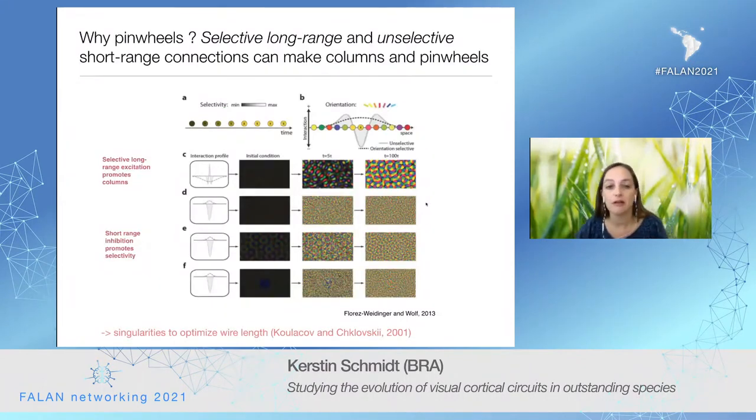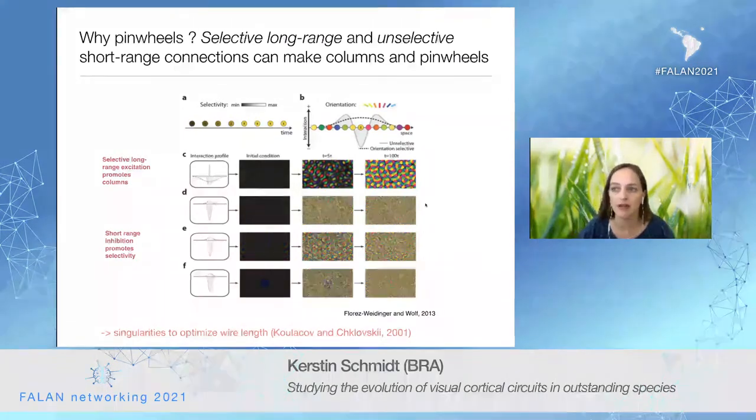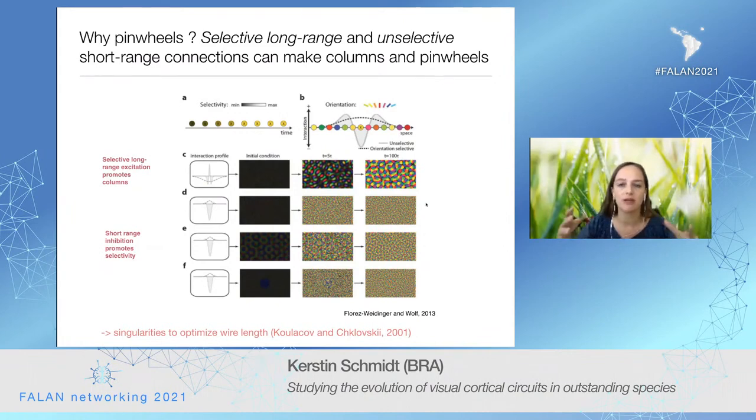And of course, there are numerous theoretical models of why orientation columns emerge out of orientation selective neurons in two-dimensional structures. These models, and this is only one of them, always assume that there are selective long-range connections connecting neurons of similar orientations.